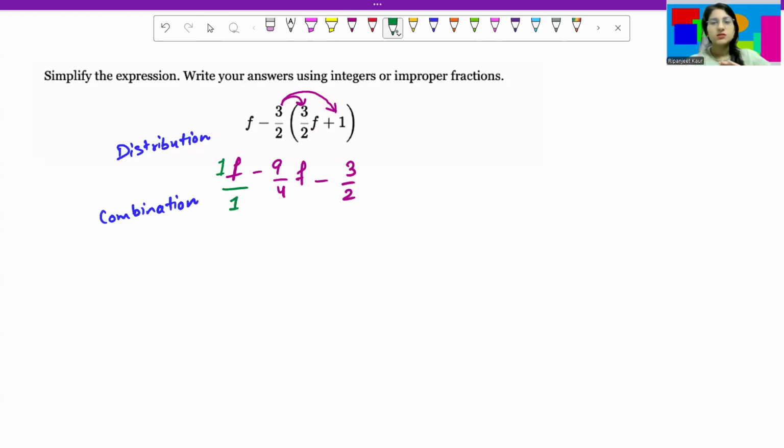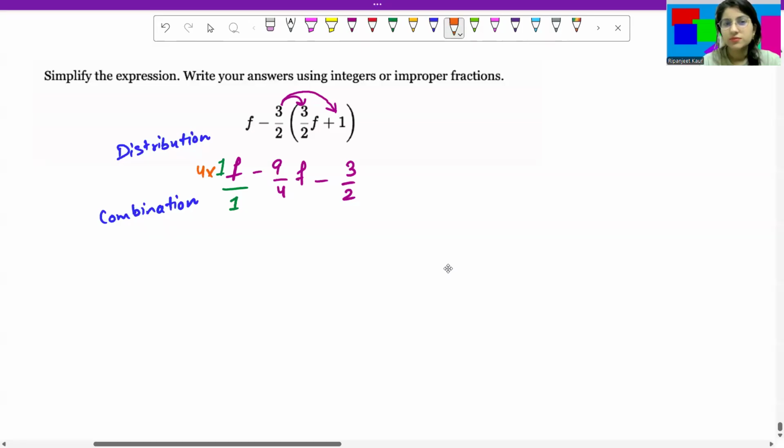Now, we see that we have the denominator, but the denominators are not the same. So we multiply 1F times 4. If we multiply this with a 4, then it will be the same. We are multiplying it on the top. Whatever we do to the top, you do to the bottom.